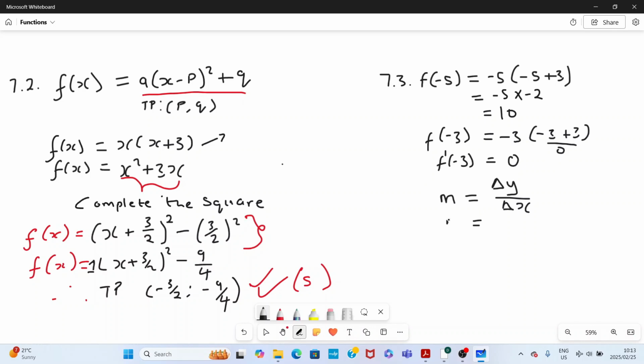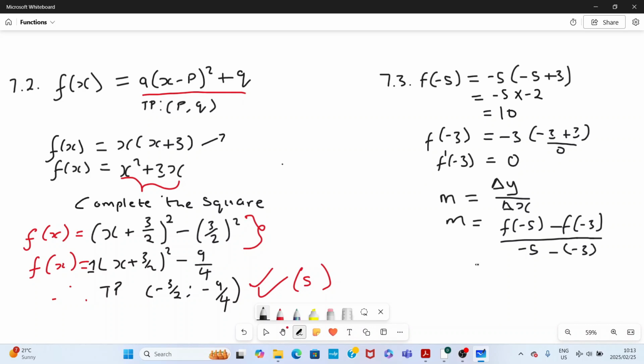So here, what is our y? Y values are these ones. So you have f of -5 minus f of -3, divided by -5 minus -3.